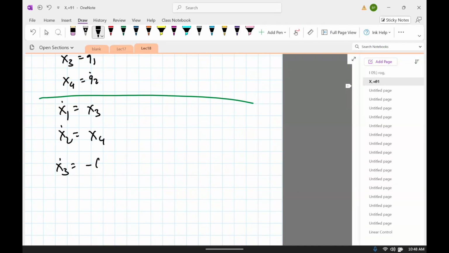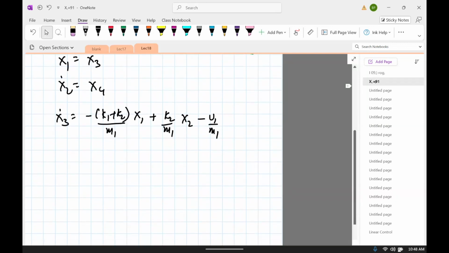We'll get minus (k1 plus k2) divided by m1 x1 plus k2 divided by m1 x2 minus u1 divided by m1.